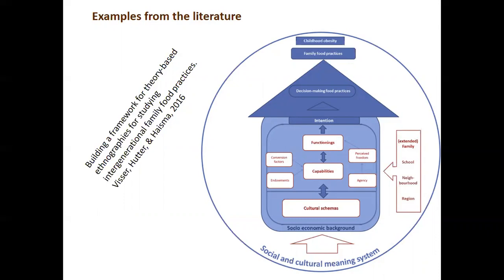You can see they went to the literature, they looked for the social and cultural meaning in the system, they looked at the economic background, those cultural schemes, you're looking from the bottom and moving up, and you can see the factors that play into the practices of the food experience. And then ultimately these researchers were looking for that to better understand childhood obesity.